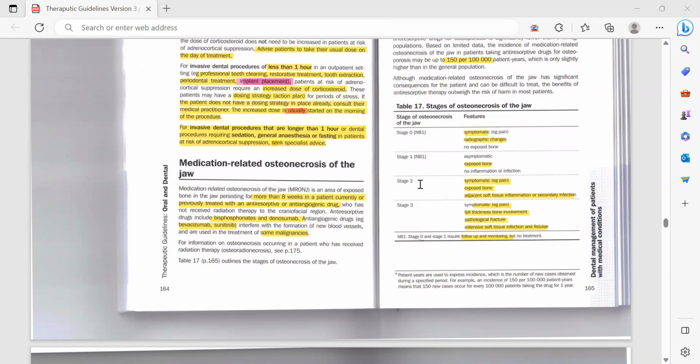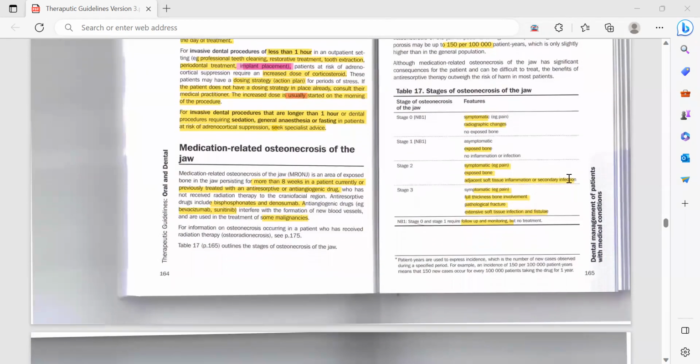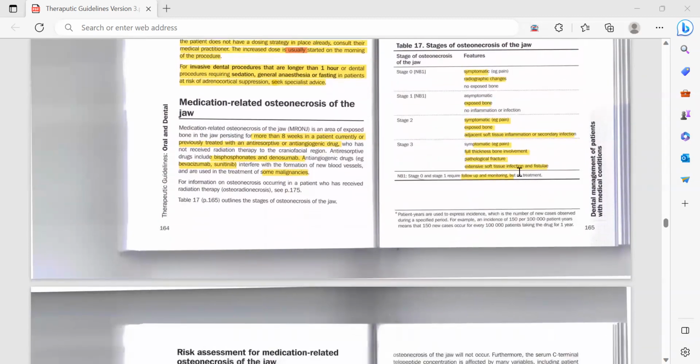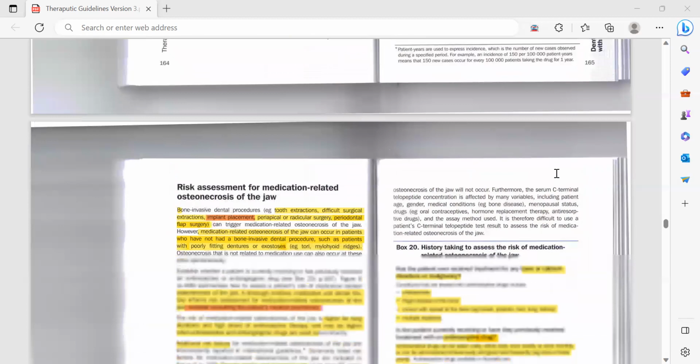But for stage 2 or stage 3: stage 2 would include pain, exposed bone, and adjacent soft tissue inflammation or secondary infection as well. In stage 3, it would be painful, with full thickness bone involvement, pathological fractures, extensive soft tissue infections, and fistulas.